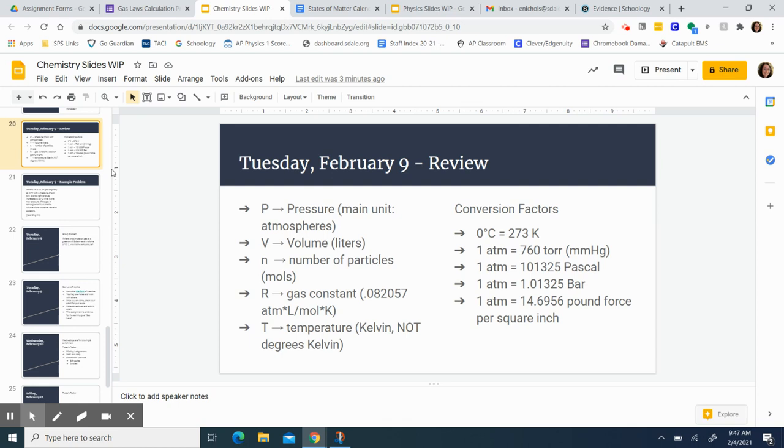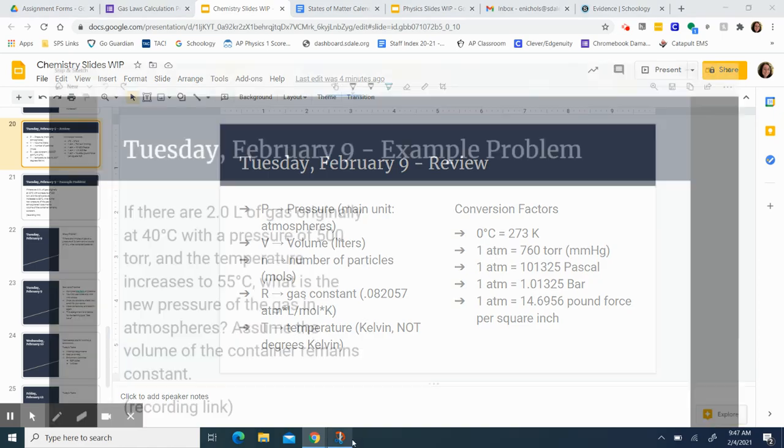That's why we have to make sure to have our pressure in atmospheres, our volume in liters, our number of particles in moles, and our temperature in Kelvin. It has to be those units, otherwise this value doesn't work. There are other versions of R, but this is the one that we're using. Let's go ahead and start our problem.